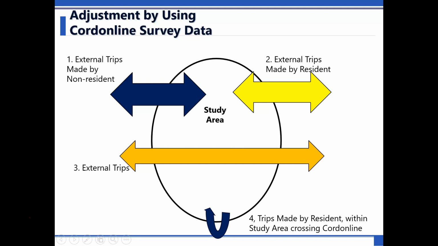Second one is the external trips to and from the study area made by the residents of the study area. Yes, these trips can eventually be captured in the person trip survey also. You know, according to the person trip survey, someone might answer they are going out of the study area, to the Nairobi metropolitan area.